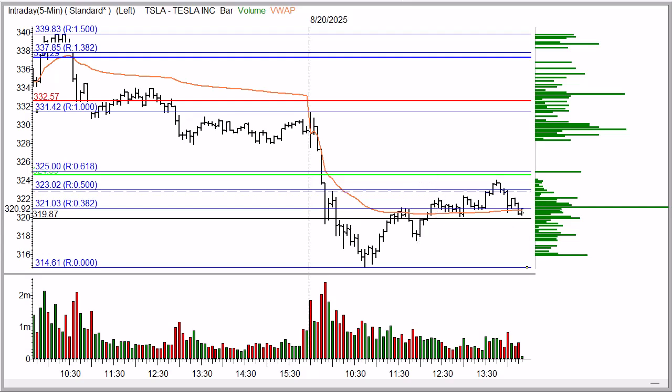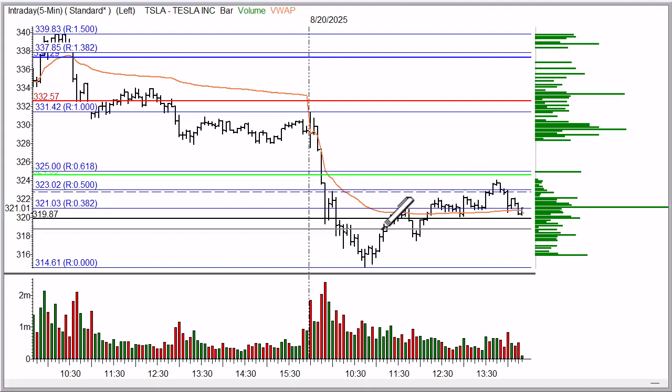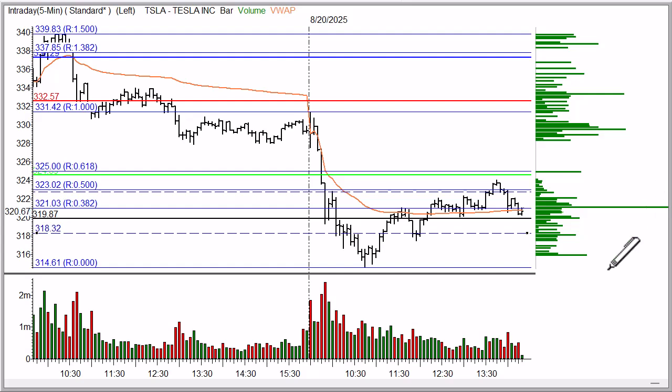I know a couple of you were nervous as heck as it was consolidating above here, and we stayed short. We were targeting this move back down to 318.32. So that was about $2 and something on the trade. Great, fantastic.